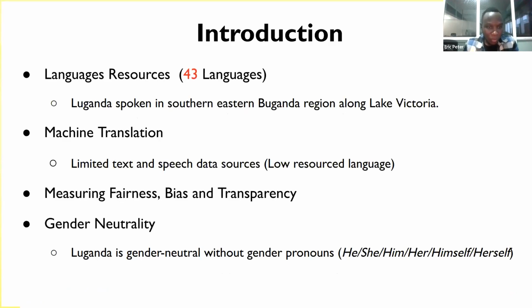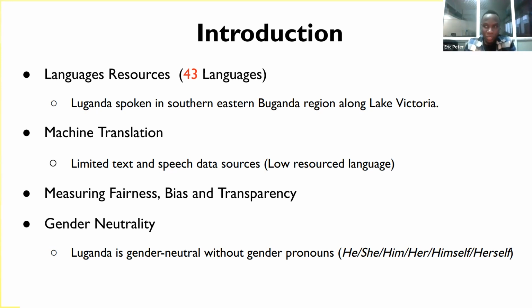In this paper, we are particularly studying the evaluation of gender bias in machine translation of Luganda to English translations, given the fact that the language is gender neutral.